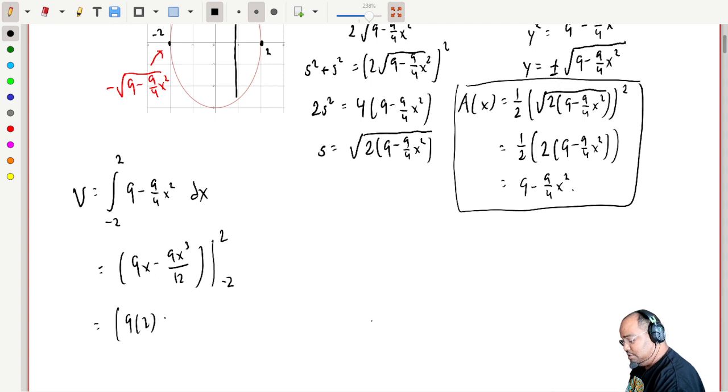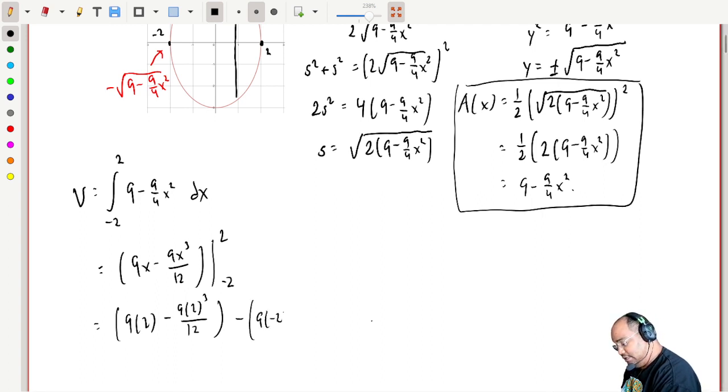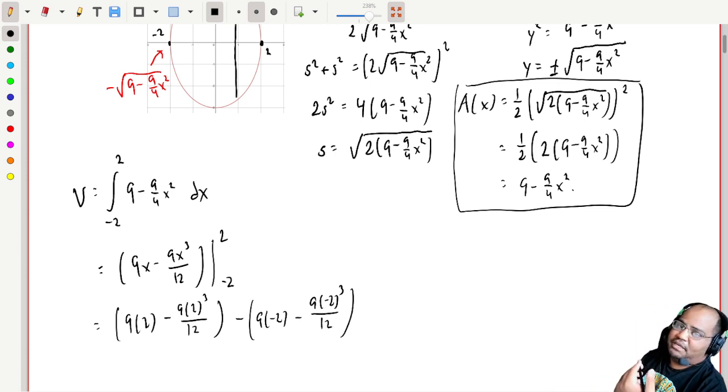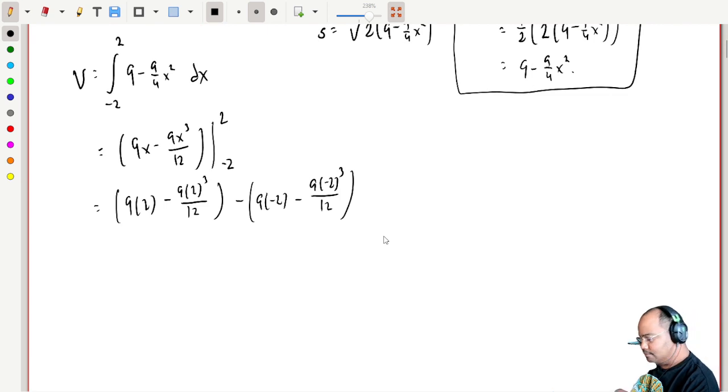So 9 times 2 minus 9 times 2 cubed over 12. You can certainly simplify that: 9 over 12 is 3 over 4. And then we'll subtract 9 times -2 minus 9 times -2 cubed over 12. Again, making sure that we are being careful when we do exponent stuff with negative inputs.